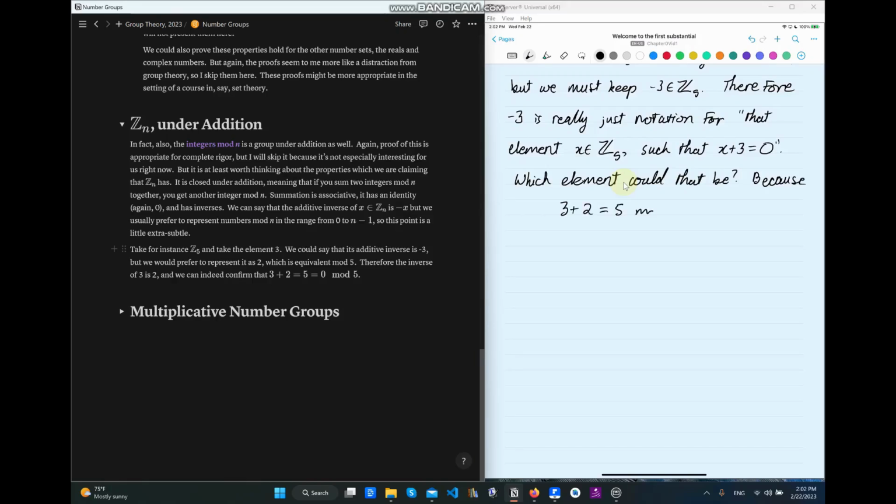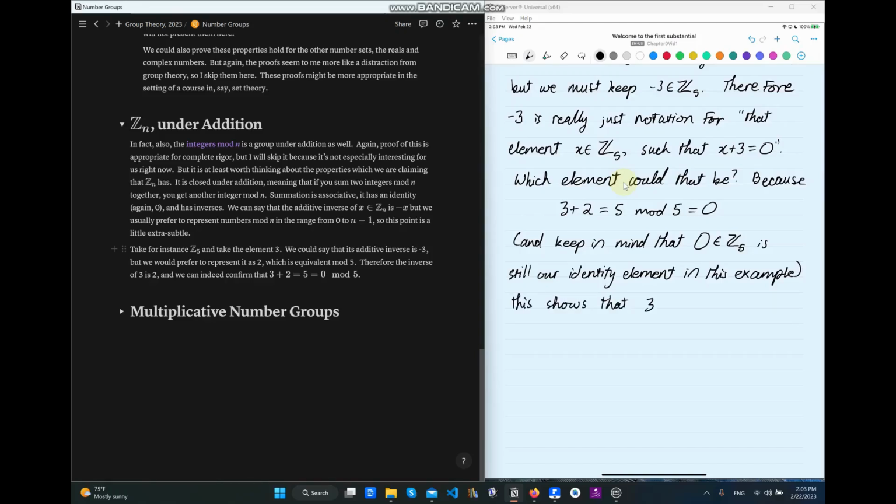Which element could that be? Well, because 3 plus 2 is 5 mod 5, which is 0. And keep in mind that 0 is still our identity element in this group. This shows that negative 3 is actually 2 in Z mod 5.